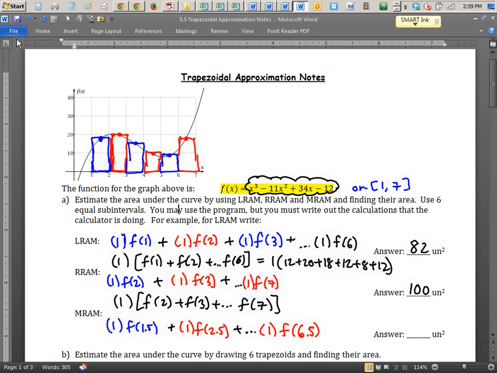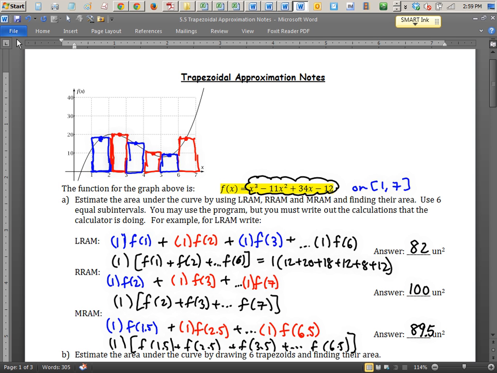Or if you factor out the 1, we have f of 1.5 plus f of 2.5 plus f of 3.5 and so on, all the way up to f of 6.5. But the calculator also can do this, as you know, and you get actually 89.5 for this.